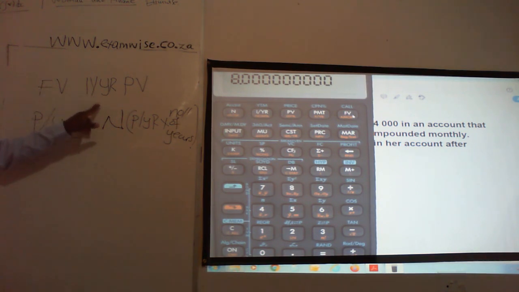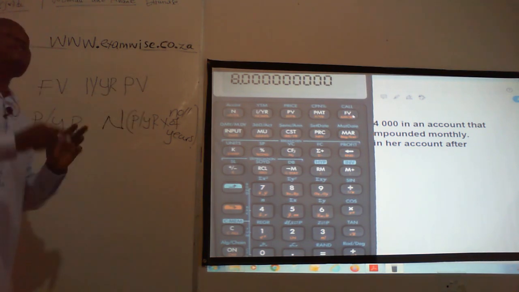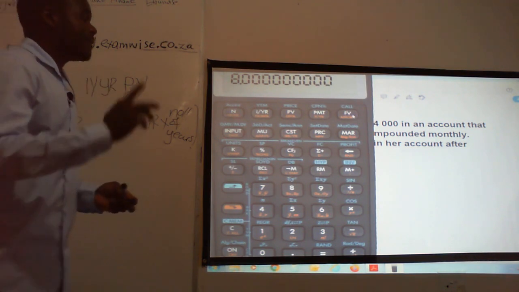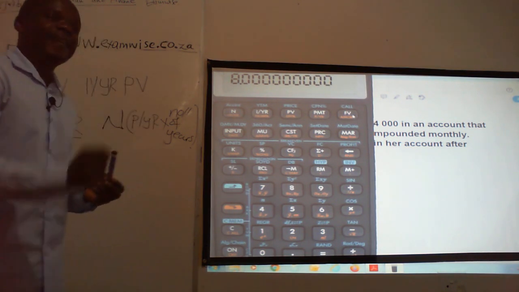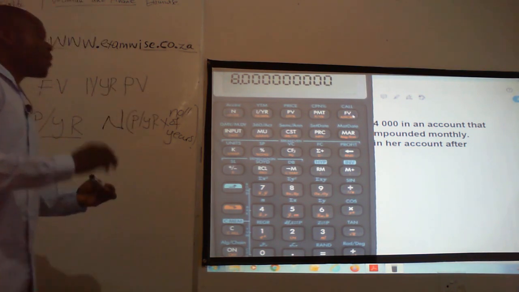So we need I over YR, we need PV, we need P over YR, and we also need N. It means we need 4 variables to calculate the missing variable. It is an important technique in financial mathematics.